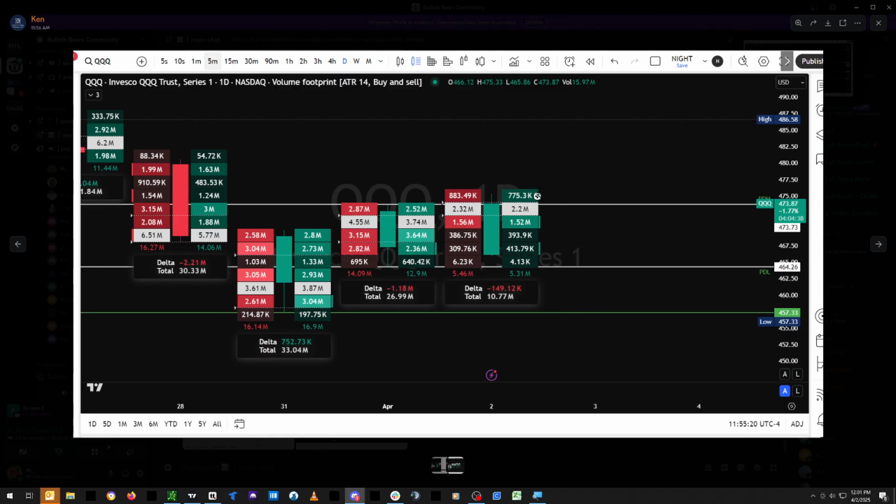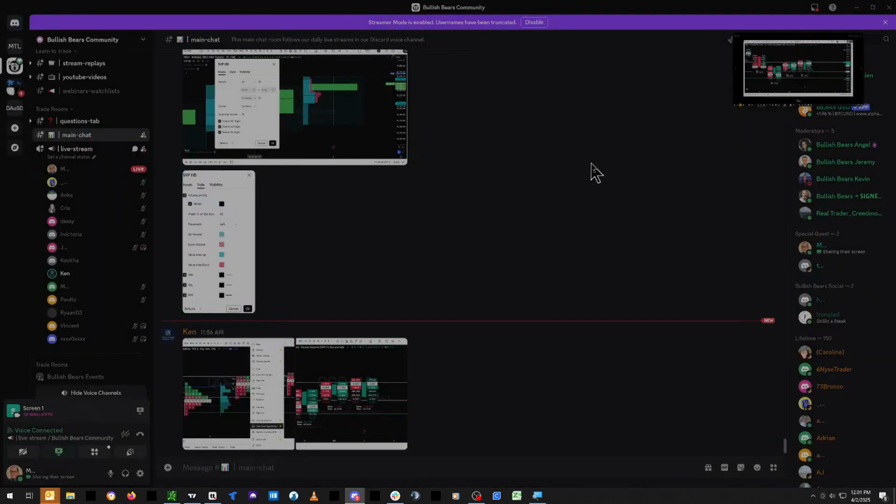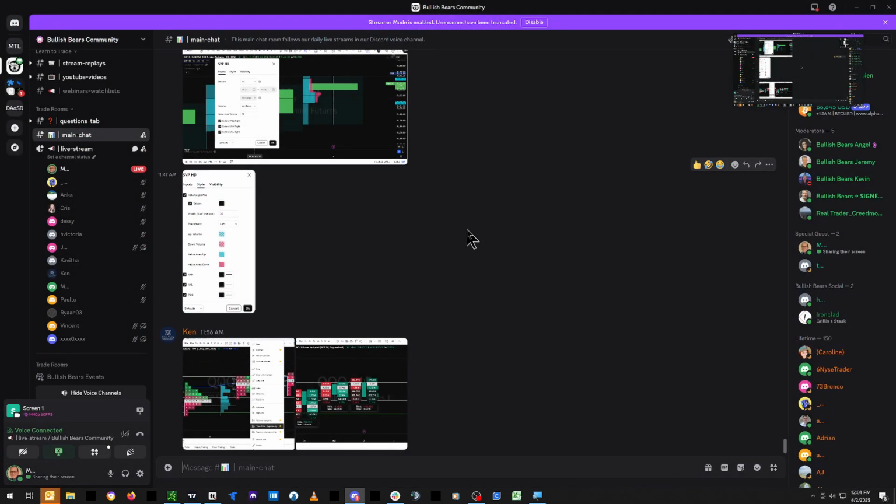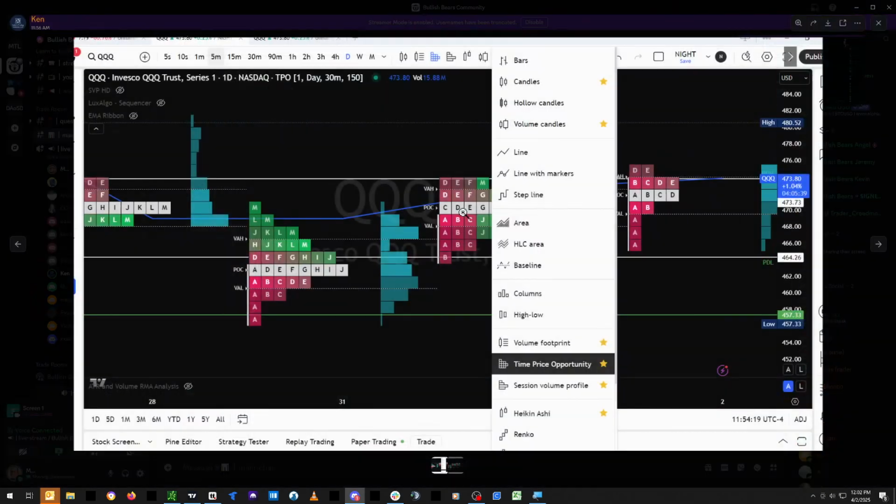This is the volume footprint. There were two images. The other one was a TPO. Oh, side by side. Yeah.